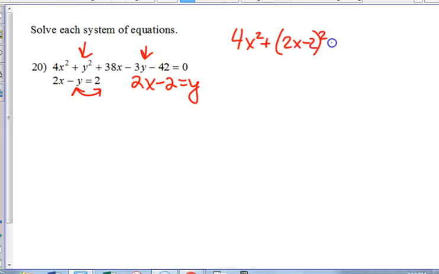Oh, good news, we don't have something to distribute this time, right? Oh, on that one, we do have to distribute back here. Okay, what's 2x minus 2 times 2x minus 2?